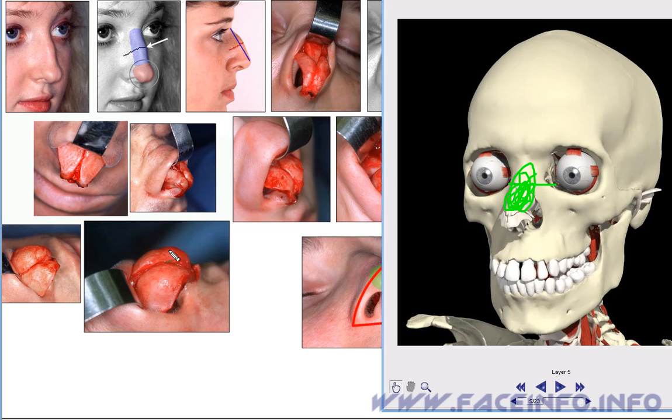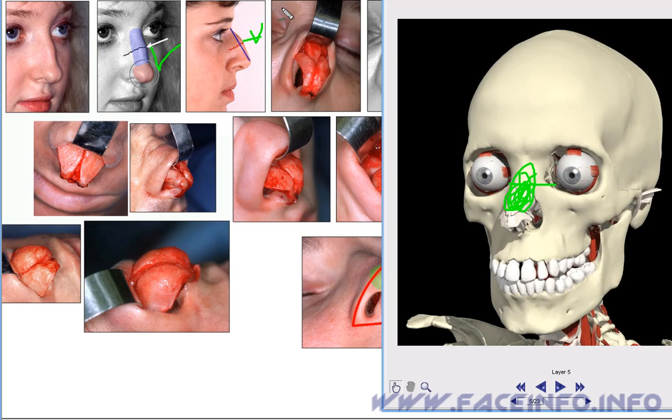So if the nasal arch is straight, the nose is straight, like there. If there is a bulge, it's most prominent at the point of connection of the cartilages and the nasal bone.